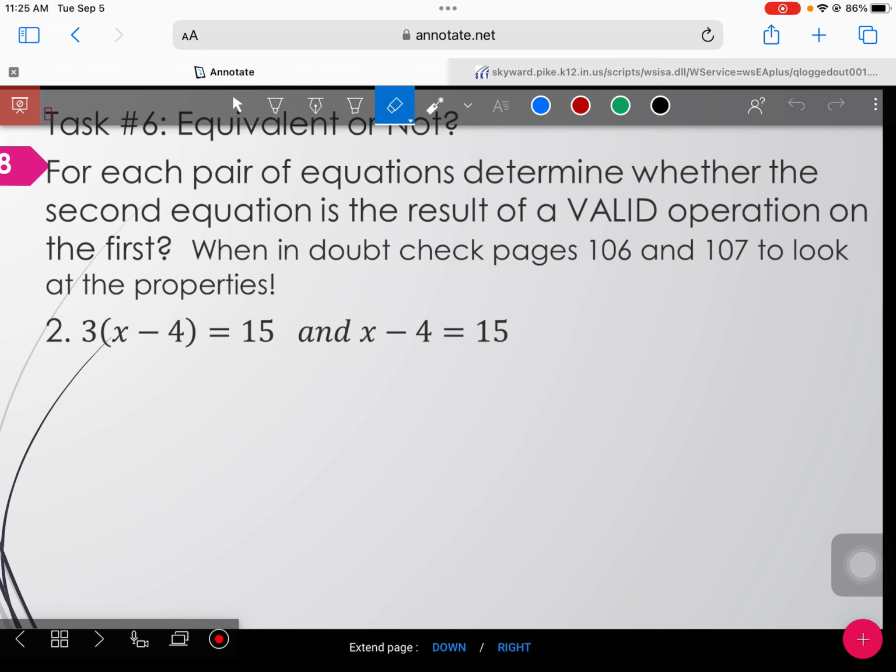Okay, have you had enough time? Okay, so is there a valid operation I can do to get from the first equation to the second? No. People are saying no. Daniel, what do you think?